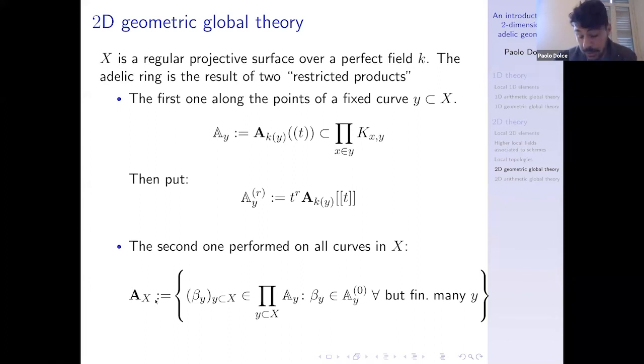Unfortunately, you have a vector space over the base field K. This is not locally compact. It's not even locally linearly compact in the sense of vector spaces. So this is the main difference with the one-dimensional theory: the topology of two-dimensional adeles is a bit more complicated.